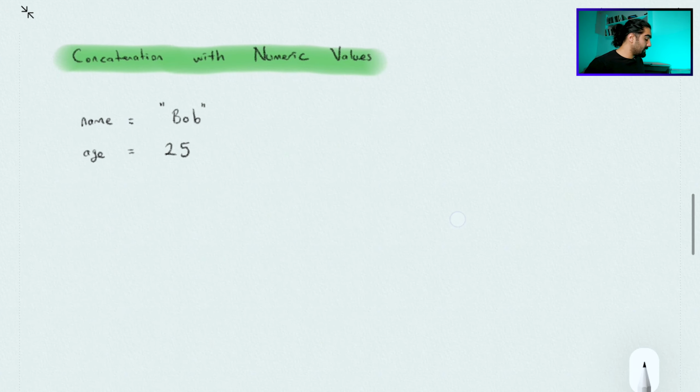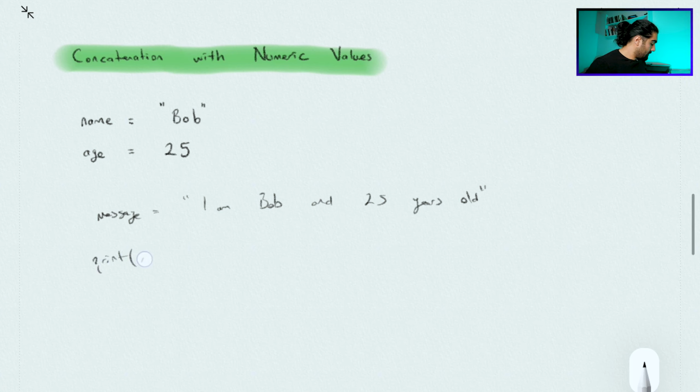Now let's see concatenation with a numeric value. To be able to do this, I'm going to explain something. But first, let's say I just have a message here: I am Bob and 25 years old. When I print message, I'm not going to get any error.